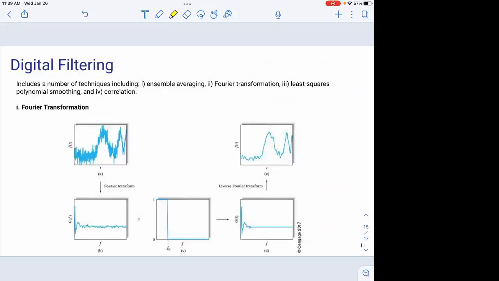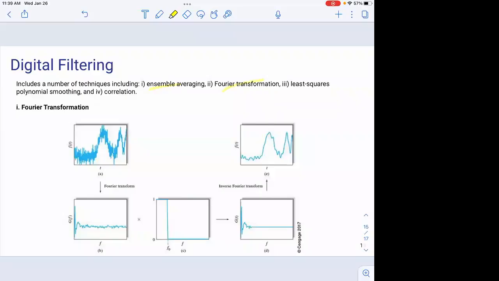A couple of other ways, some of which we've already talked about, like ensemble averaging. We call these digital filtering methods. Fourier transform is one we'll talk about next week. Here's a quick sketch of it. If you're familiar, great. If you're not, stay tuned, as we talk about spectroscopy. This is really, really common in things like IR.